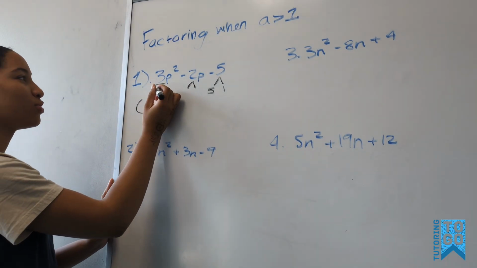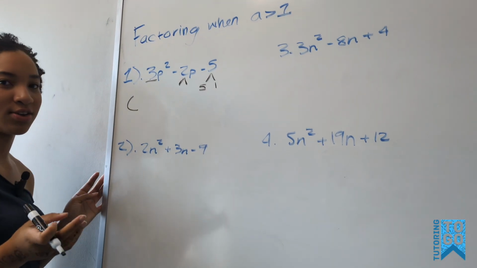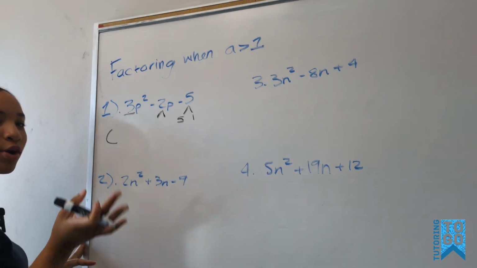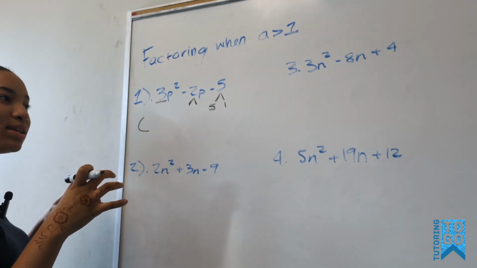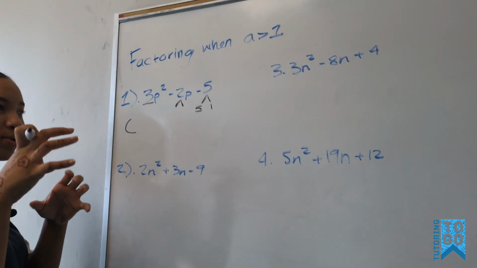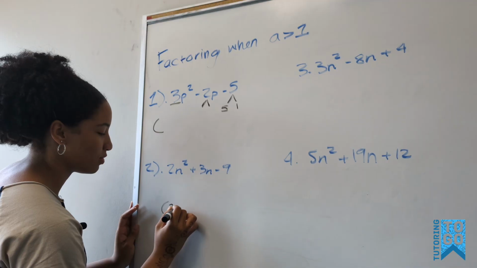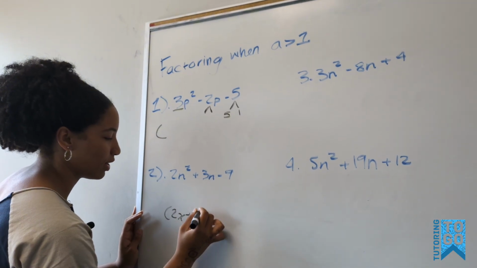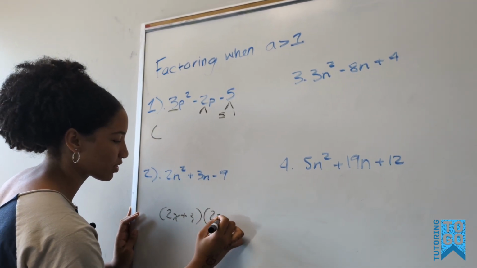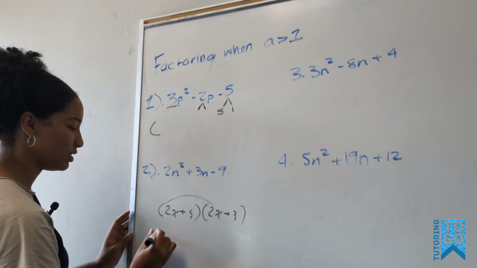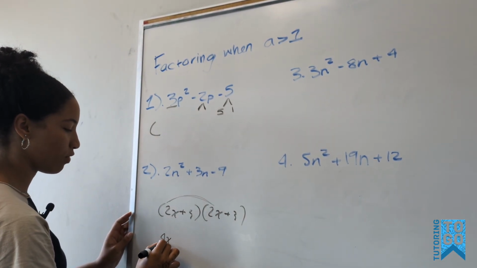When you have a coefficient that's greater than 1, if it's something like 4, you can split those into 2x and 2x in the different factors. For example, this would be 2x plus whatever, and then this would also be 2x. But you can multiply those in the end to get a coefficient of 4.